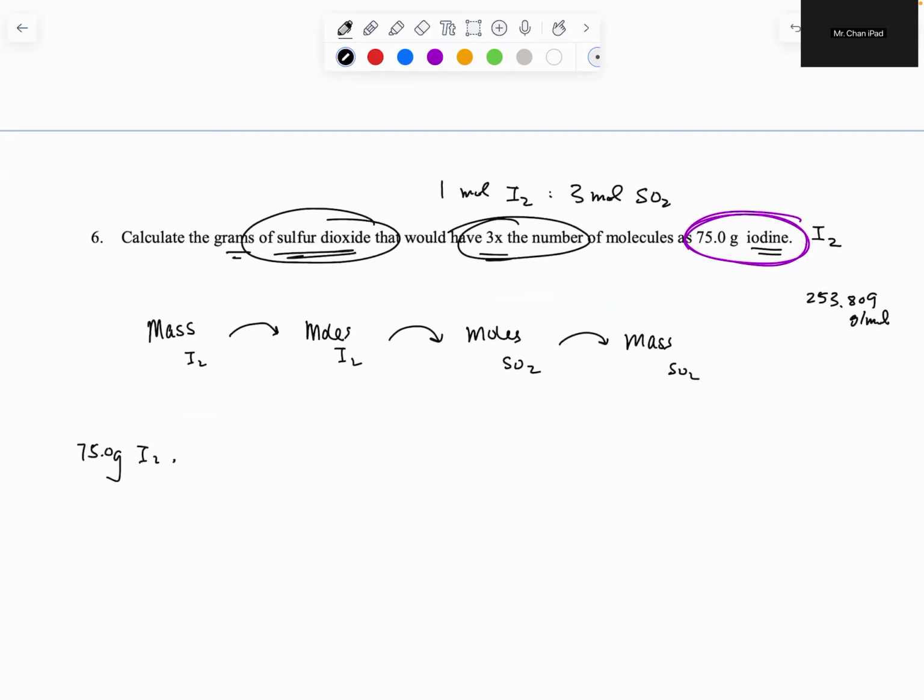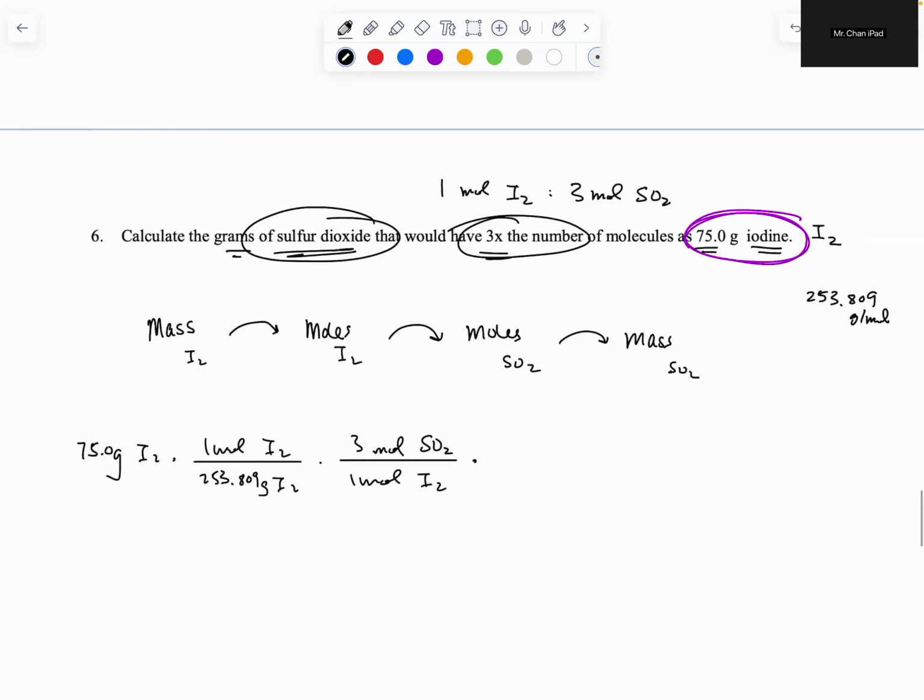Now, just a little comment about significant figures. If they give you 3 sig figs, chances are you're going to present your final answer with 3 sig figs. But along the way, you just write down the molar mass based on what you got from the periodic table. So one mole of I2 is 253.809 grams of I2. And then we say, you know the moles of I2, then every single mole of I2 is to 3 moles of SO2, 3 times the number.